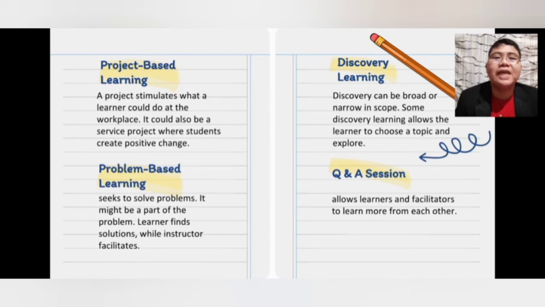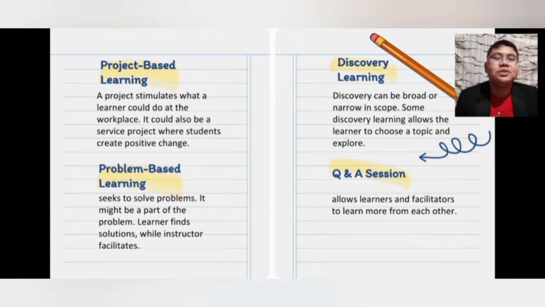That is problem-based learning. They created a solution based on the given problem. So the solution is the measurement or the determinant if the students really understood, if they already learned something.